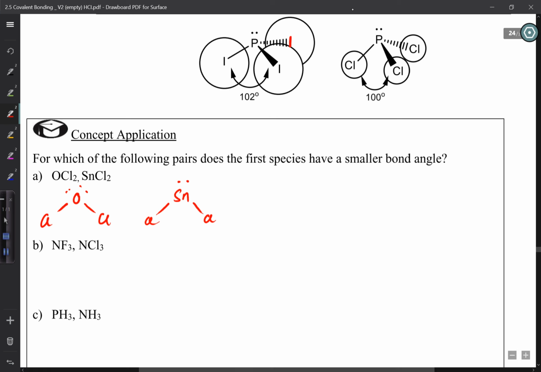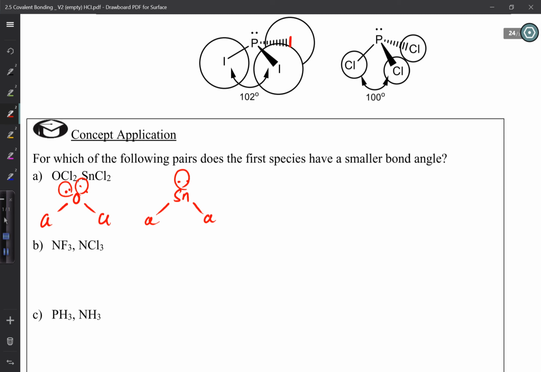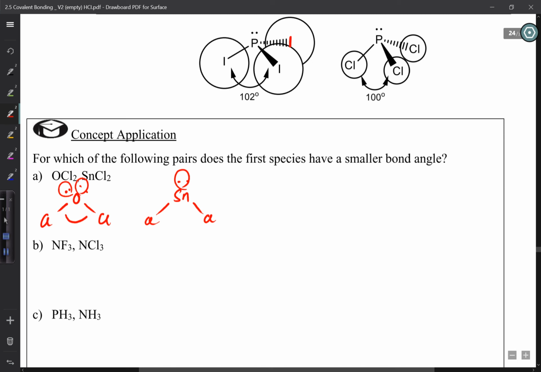Although you have never learned this shape, remember the concept is about minimizing repulsion, right? For O, how many electron regions does it have? 4, right? So if you compare 4 electron regions versus 3 electron regions, which one do you think has a smaller bond angle? 4, right? Why 4? More repulsion, obviously, because you have 4.